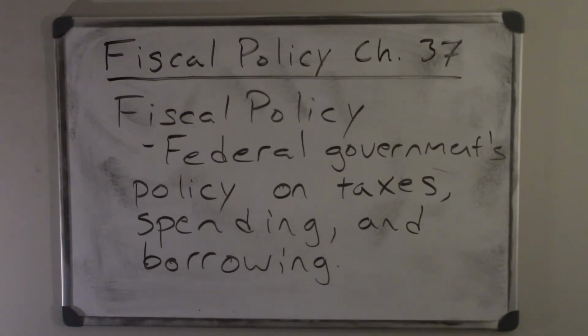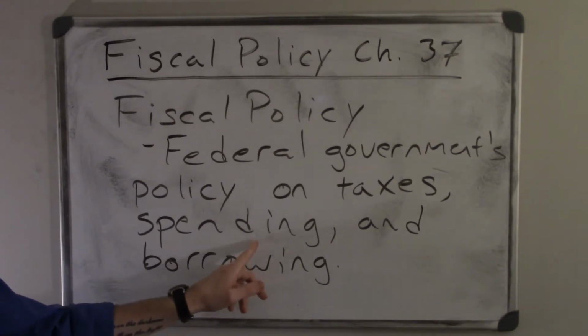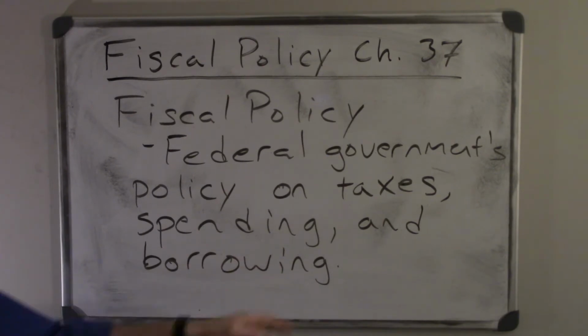Our consumption, our investment, government, so on and so forth. With spending, it's kind of obvious. If we increase government spending, that's going to be an increase in the government spending growth rate. That's going to increase the velocity of money growth rate, and that is going to increase aggregate demand. Right? So spend more to increase aggregate demand.